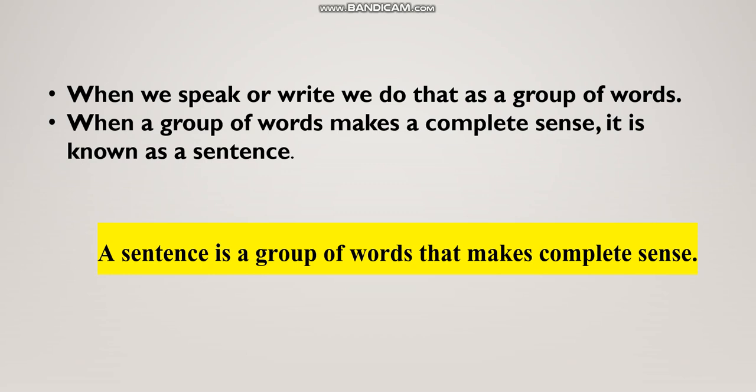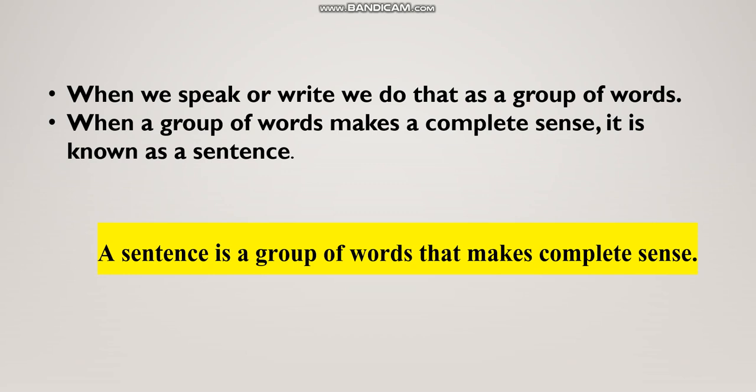For example, if I say, I am your English teacher, you will always understand that I teach you English. So it makes a complete sense. So it is a sentence. Now students, let us look at the definition given below.